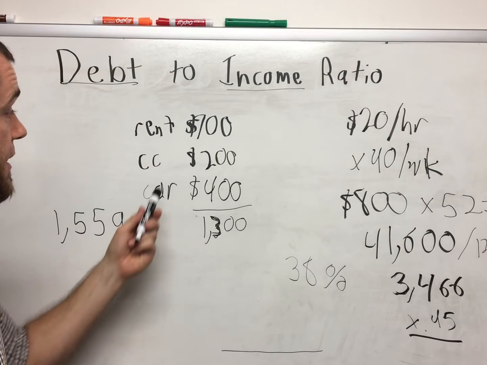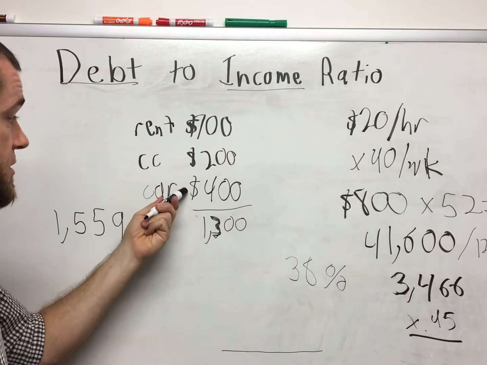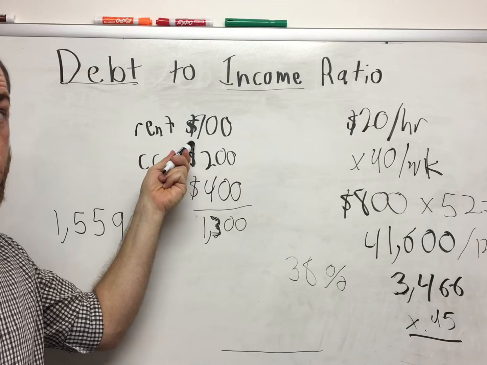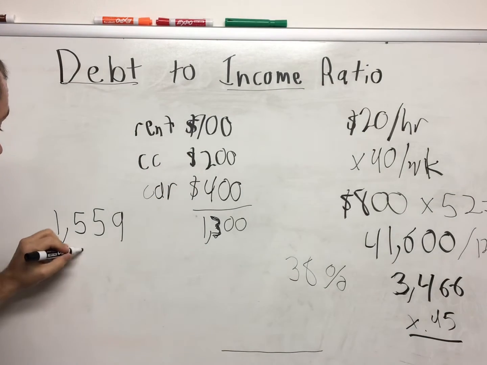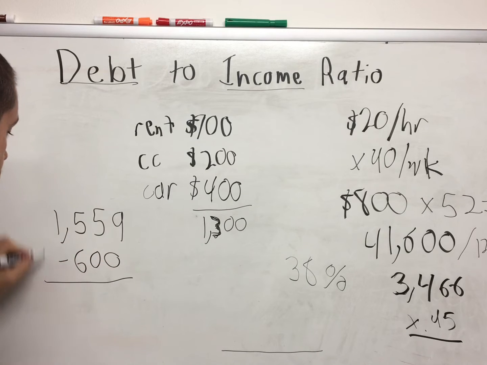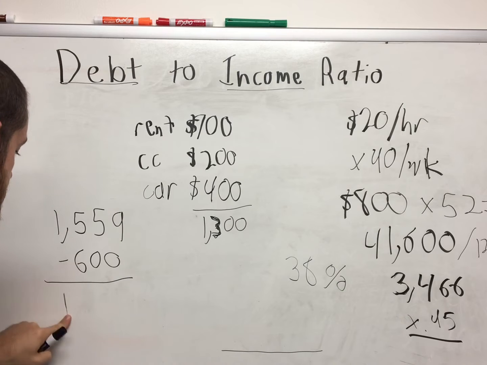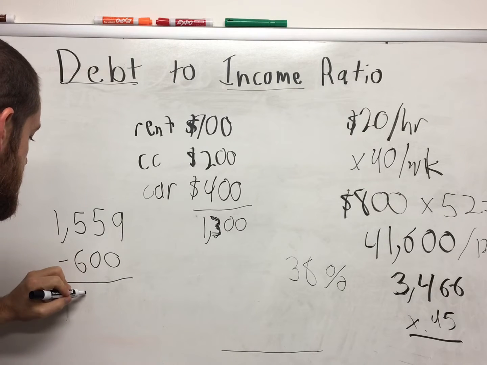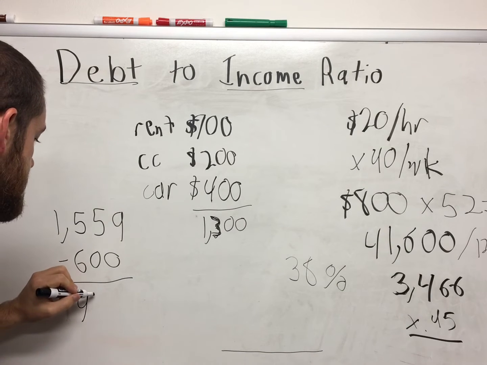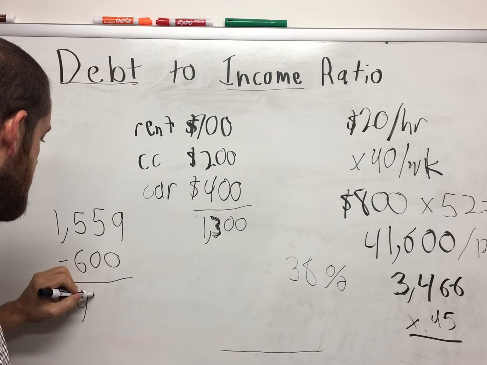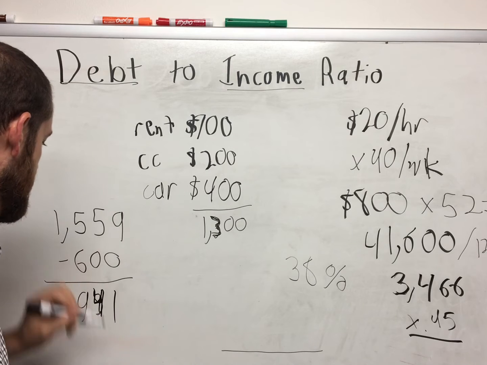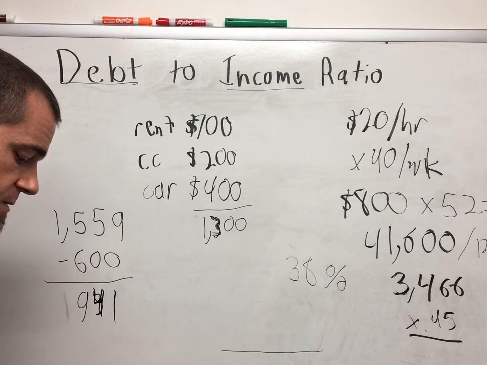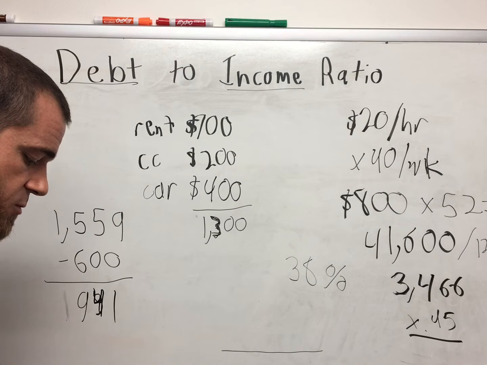So we take out of that his credit cards and his car, because when he buys a house, he's not going to be renting anymore. So we can leave that one out. So we just take the 200 and the 400, so we subtract $600 from that number. So his maximum mortgage payment is not 1,000. It is 900 and what would that be? $941 a month. 1,559 minus 941.